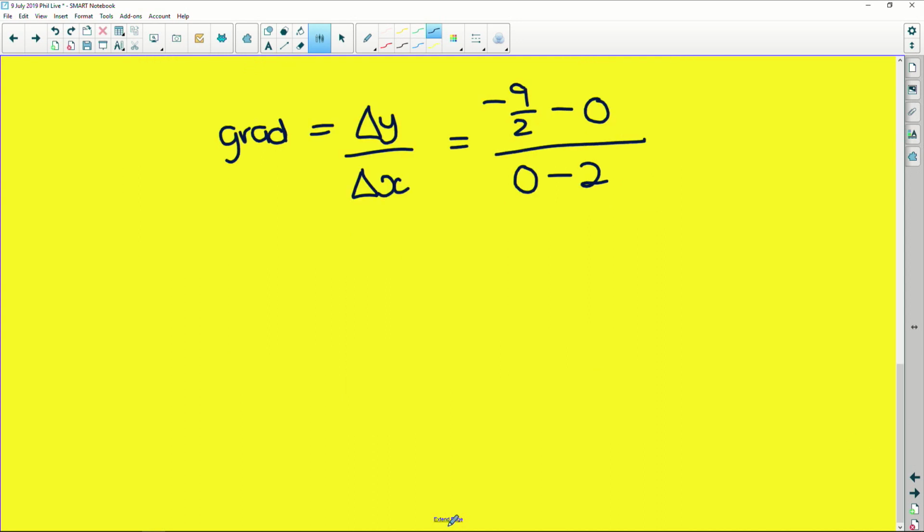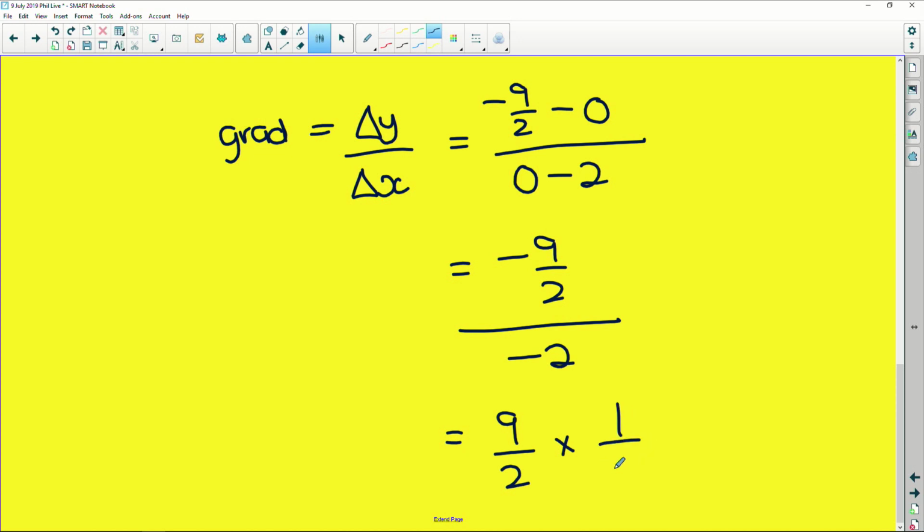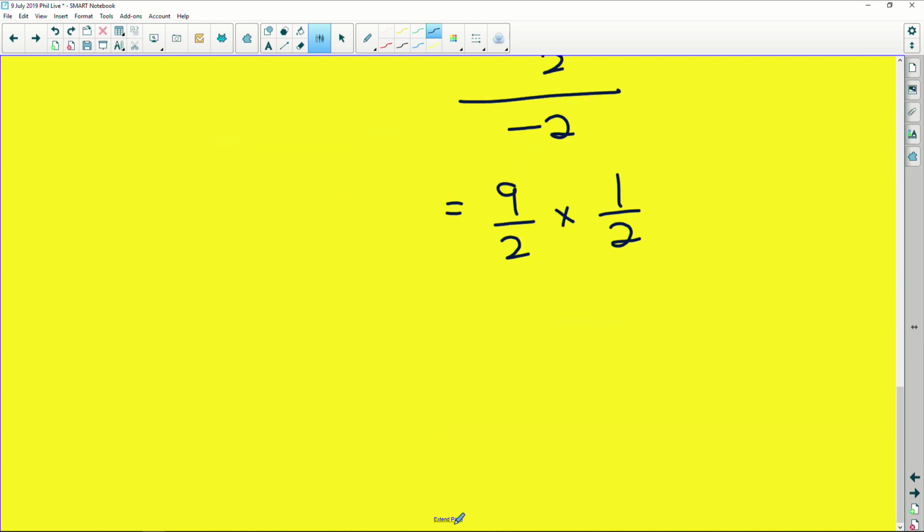So we get negative 9 over 2 minus 0 is just negative 9 over 2, and 0 minus 2 is negative 2. If we divide a negative by a negative, we get a positive, so those two negatives cancel each other out. 9 over 2 divided by 2 is basically saying 9 over 2 multiplied by a half, an easier way to express that situation, which gives us 9 over 4.